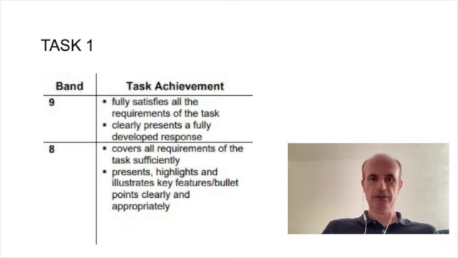I highlighted only the task description for band 9 and band 8, because I think they are the clearest of all. And here you can see what you have to do to get a 9. You have to fully satisfy all the requirements of the task, clearly present a fully developed response.